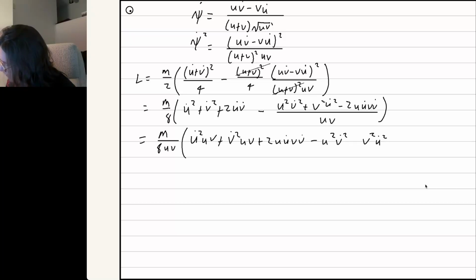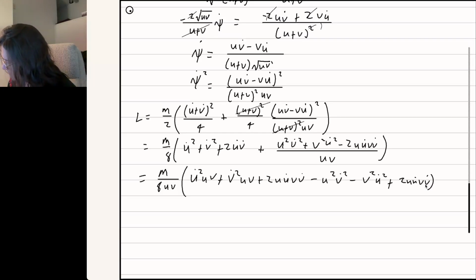That should have a minus sign on it now. This will have a plus sign on it now. 2u dot v dot. Wait. That's plus, this is plus. This is plus, this is plus, this is minus. Okay.